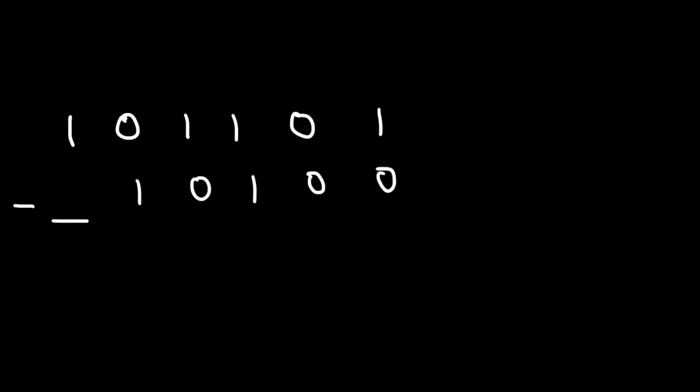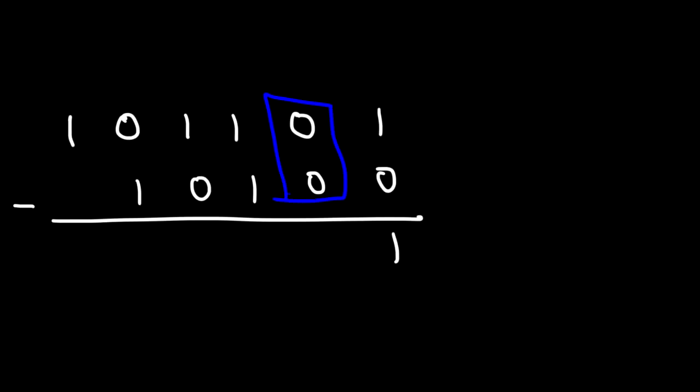So consider the problem 101101 minus 10100. Go ahead and subtract these two binary numbers. So 1 minus 0 is 1. And then for the second column, we have 0 minus 0, which is going to be 0.